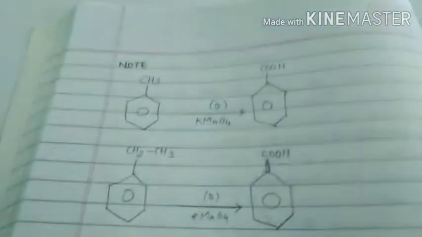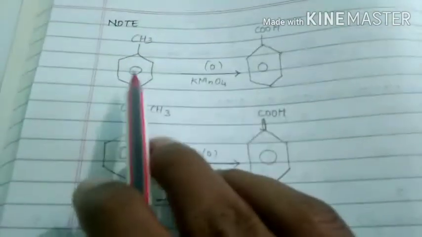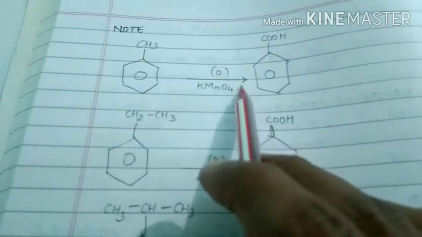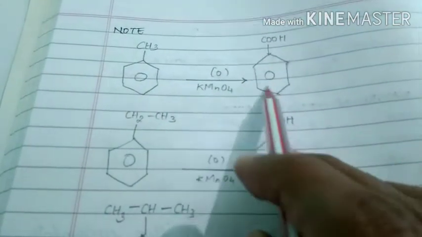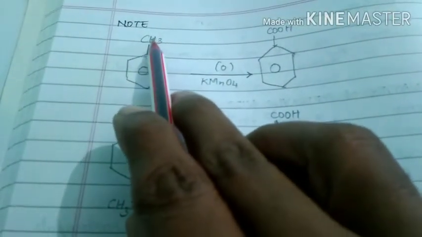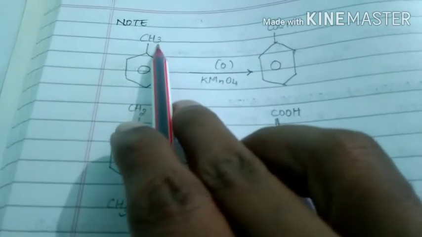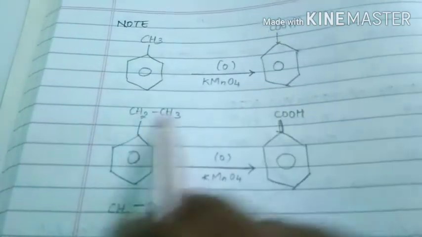Next one, note. These points are also very important. When toluene undergoes oxidation in the presence of KMnO4, we get benzoic acid. That means all the hydrogens are replaced by oxygens, but one hydrogen is left. That is benzoic acid.